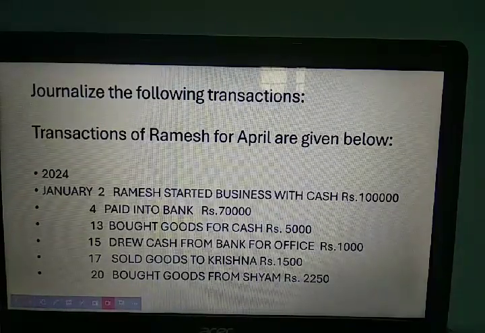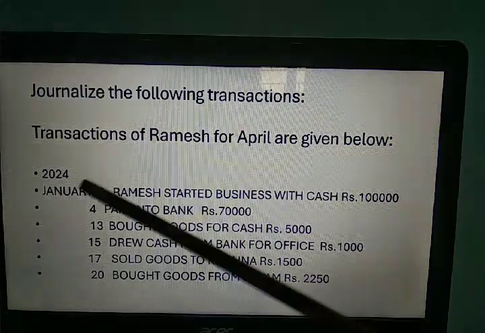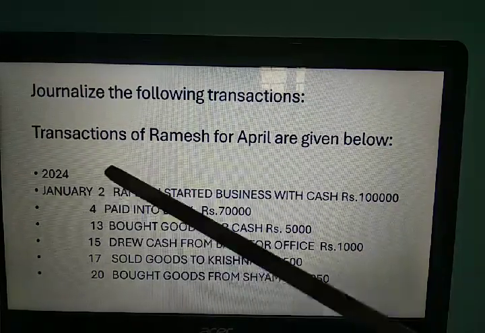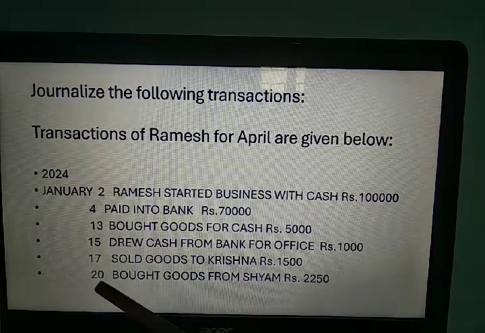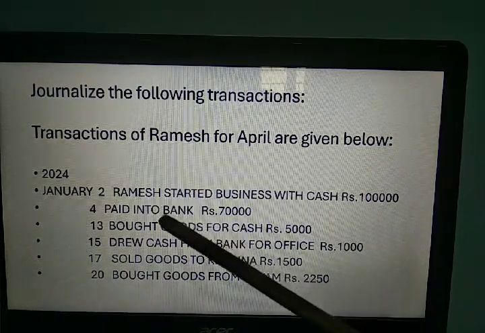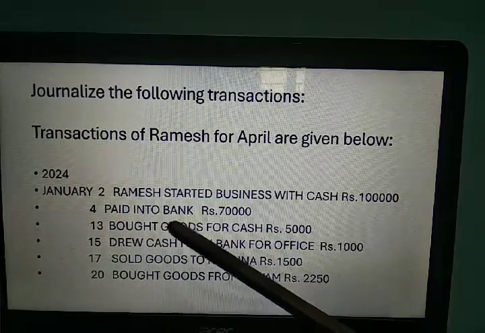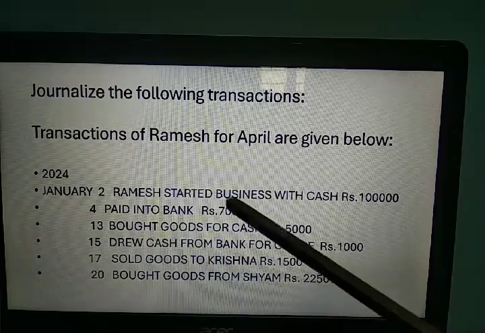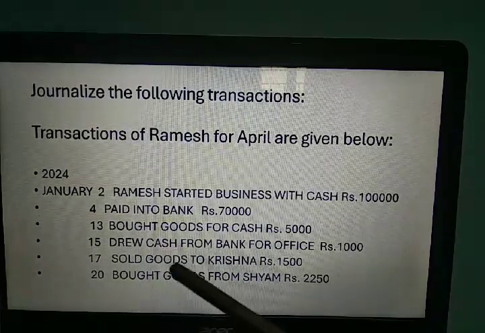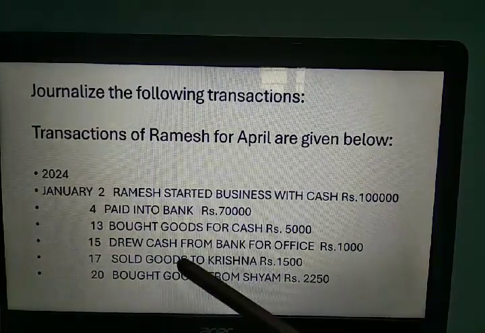Now we will be showing some transactions. Suppose in January 2024, some transactions were given to you. Ramesh started business with cash 10,000, paid into bank, meaning deposited into bank, 7,000, bought goods for cash 5,000, drew cash from bank for office purpose.